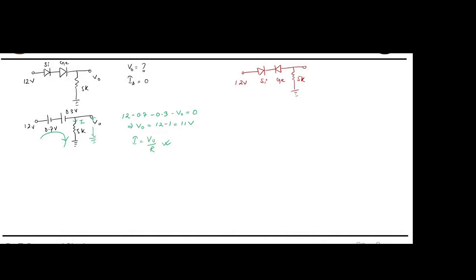So what is the voltage across the germanium diode? Will it be 0? Sir, 12 minus V naught. How much is V naught?